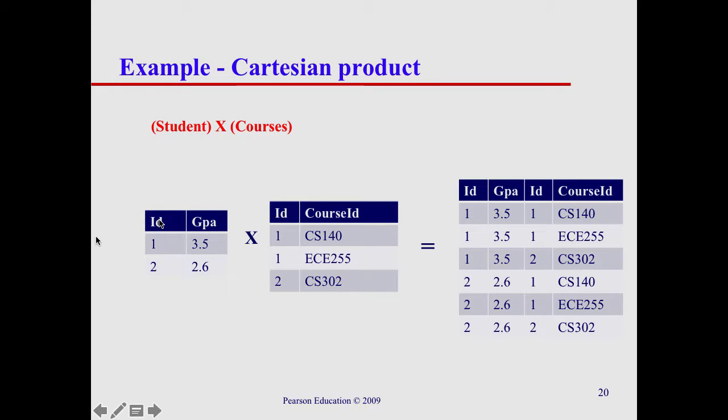This is for student ID and this is for course, but the general idea is you don't drop common columns from the result. They all go into the result. So you end up with all the columns from the first relation and all the columns from the second relation and all possible combinations of them, which of course gets unwieldy very quickly when you have even like 100 tuples in both relations. You're already up to 10,000.